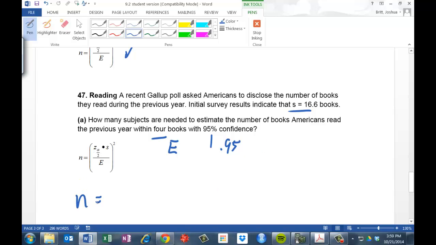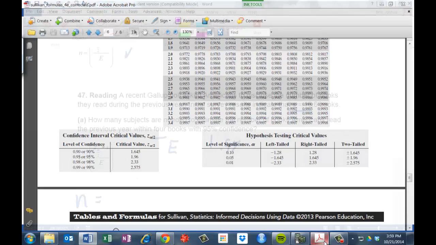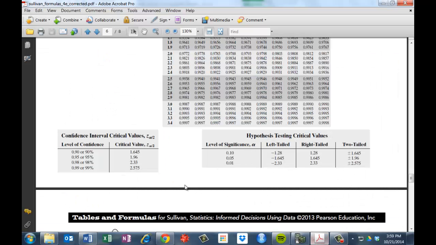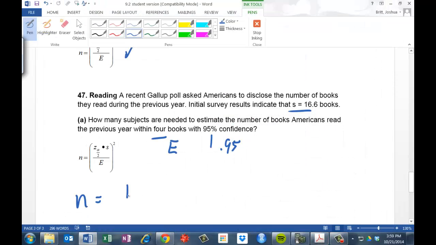So n equals, now remember z alpha by 2 we get from table 5. The confidence was 95, so again 1.96 times standard deviation divided by margin of error, squared.